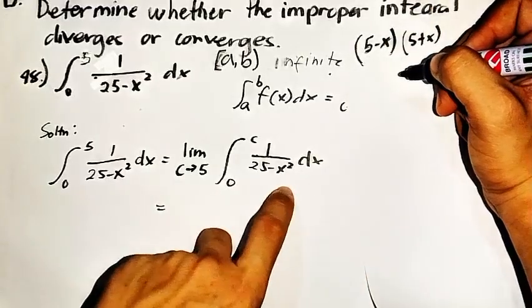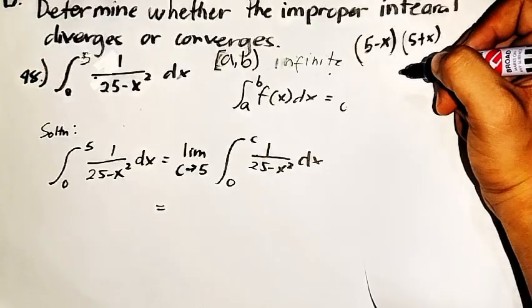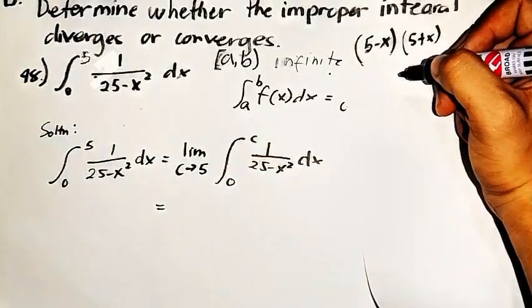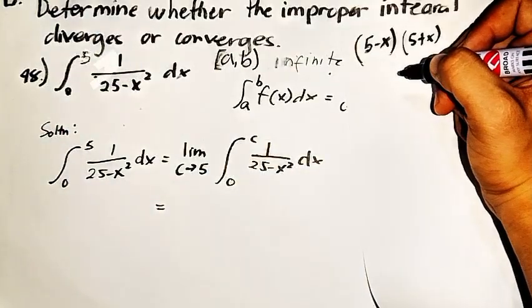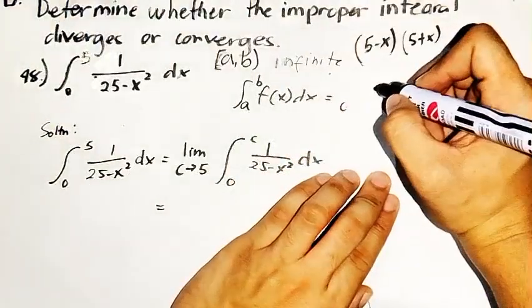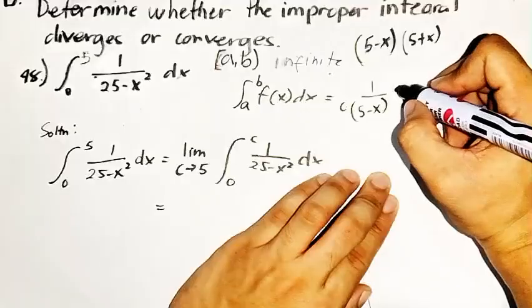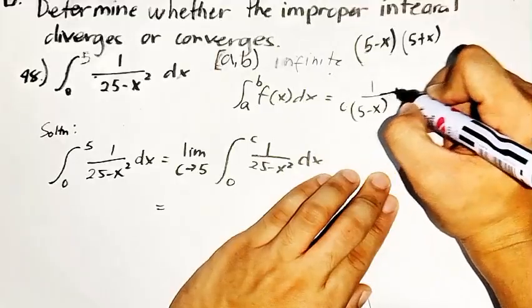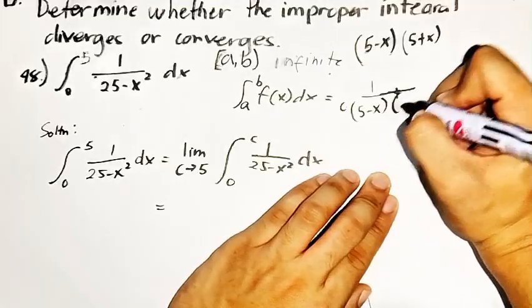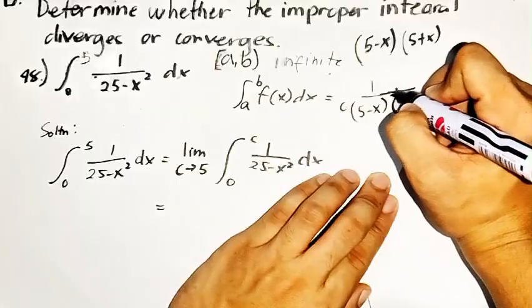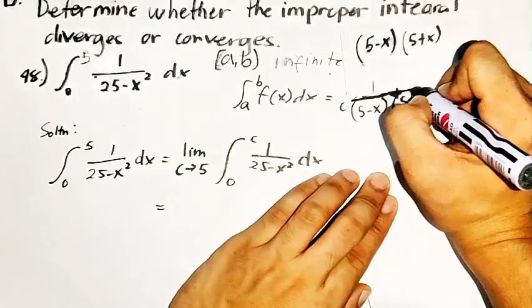So we can apply here a partial fraction. So this becomes 1 over 5 minus x, not plus, 5 plus x.